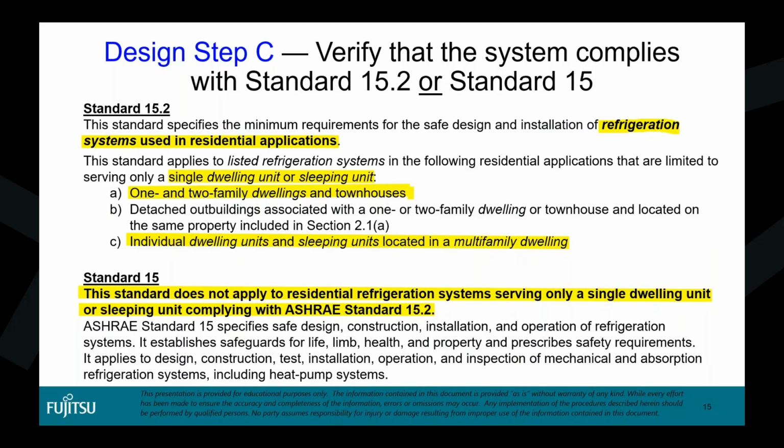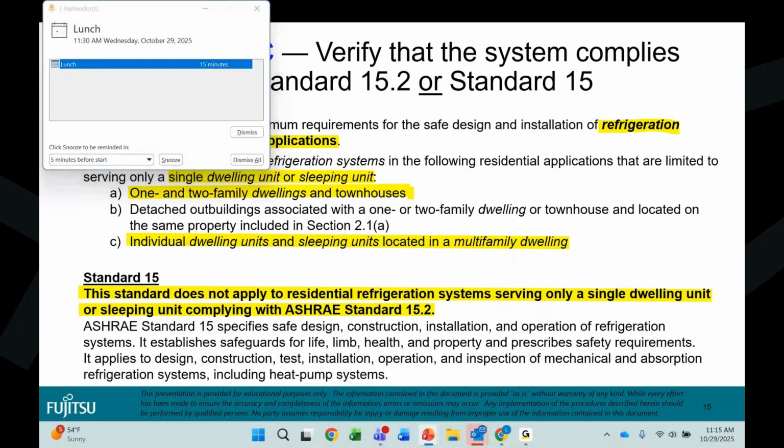So 15.2 is used in residential applications: single dwelling or unit or sleeping unit, one and two family dwellings and townhouses, individual dwelling units and sleeping units in the multifamily dwelling. That is the definition of when to use standard 15.2. Standard 15 is very simple. It says that if you don't use 15.2, you use standard 15. So if you have some kind of application that doesn't apply to standard 15.2, use standard 15.